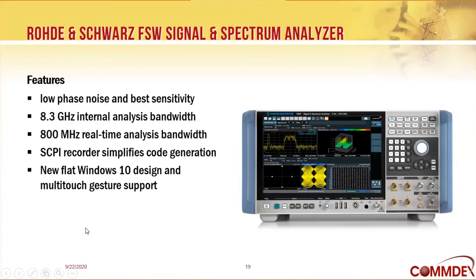Rohde and Schwarz, which is a German company, has a signal and spectrum analyzer. You can see it. Most of the instruments now have more screen real estate and less of the buttons and knobs. Everything is done in software with the ability to operate with computer applications.